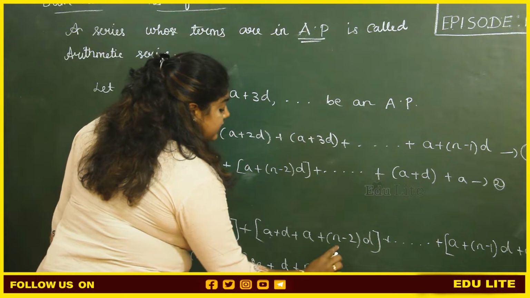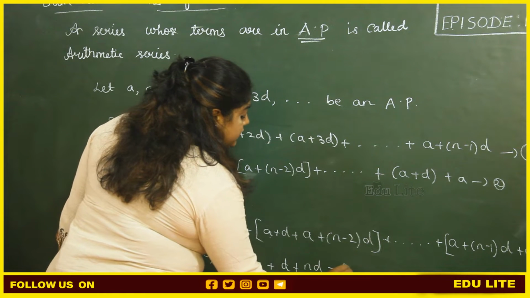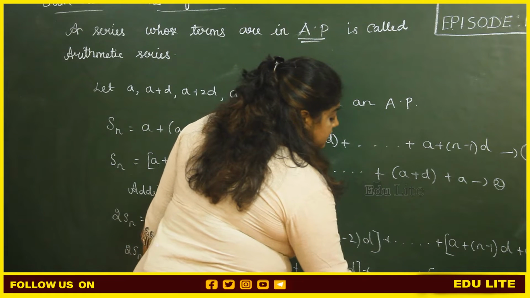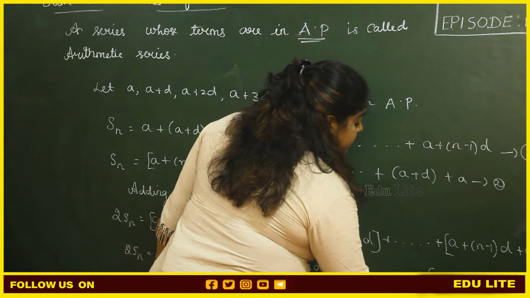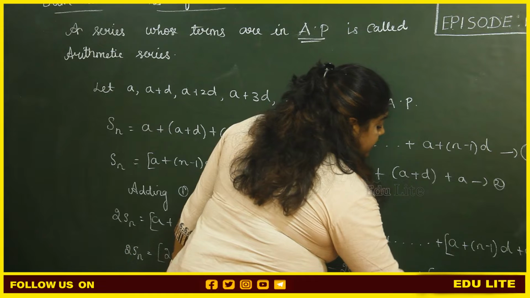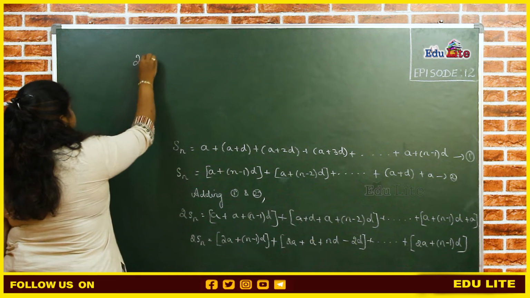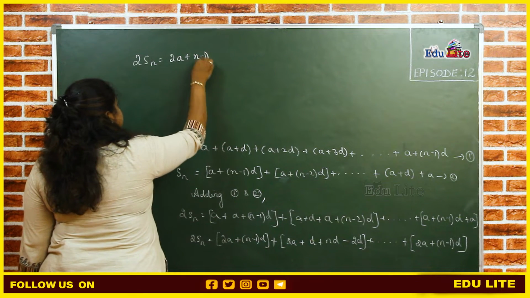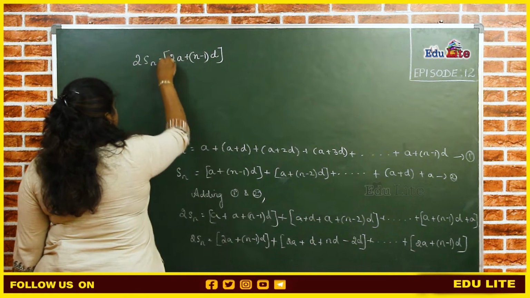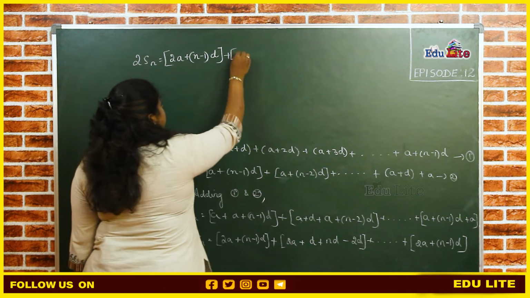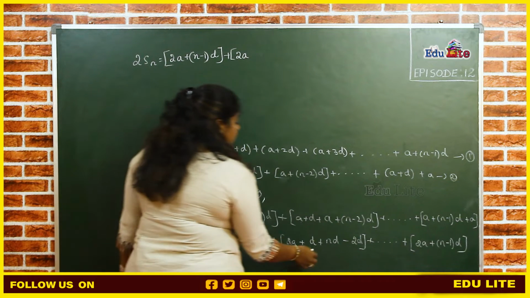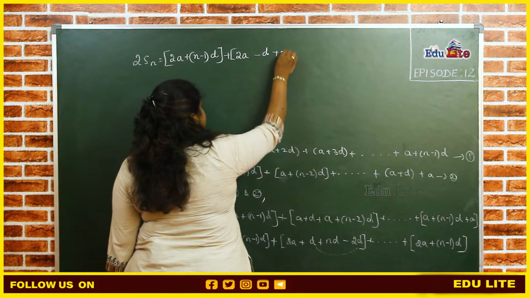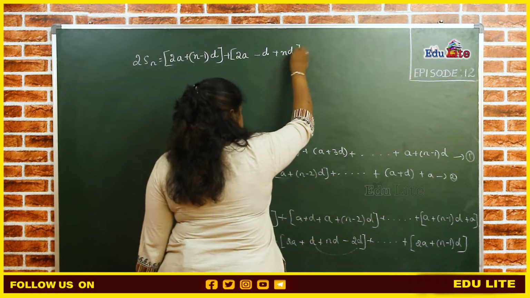It will become n into D, nD, minus 2 into D, therefore minus 2D, etc. A plus A will become 2A plus (n minus 1) into D. The next step is 2Sn is equal to 2A plus (n minus 1) into D plus 2A. Now this will become minus D plus nD, etc.